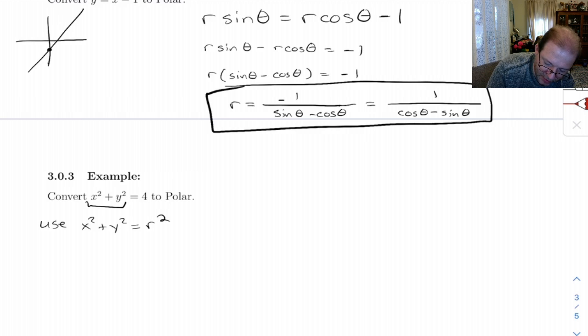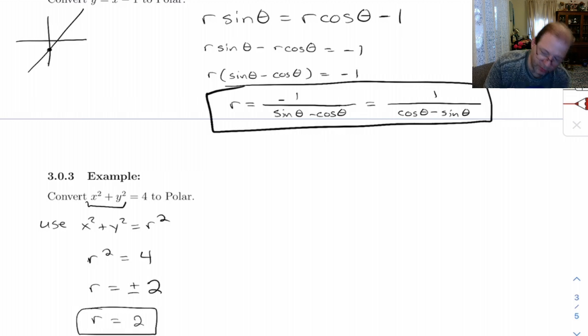So I'll replace this with r squared equals 4. And that'll give me r equals, technically plus or minus 2, but we can just pick one of those two to use.